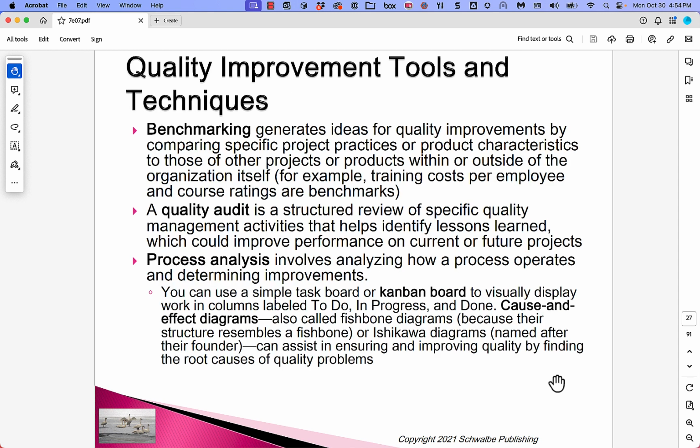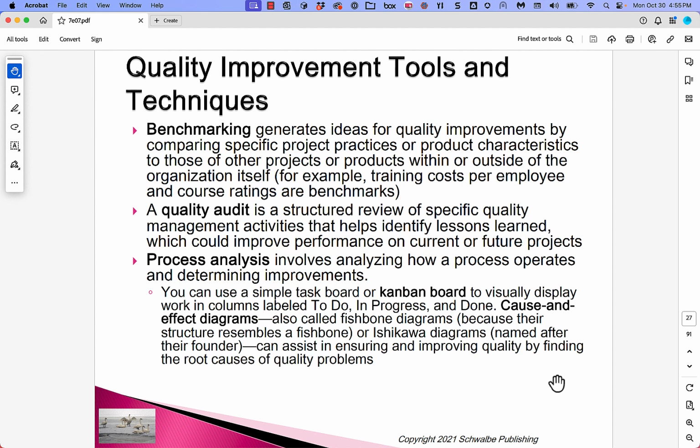So what are some of the things we could use in terms of tools and techniques while we're executing the project to improve quality? Benchmarking, quality audits, and process analyses. Okay, let's talk about benchmarking first.